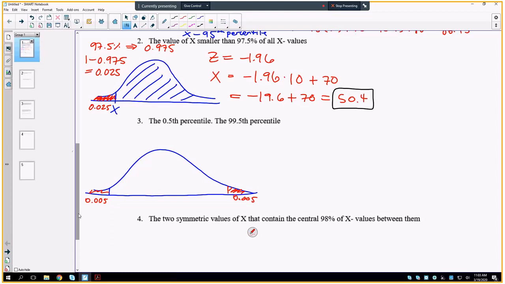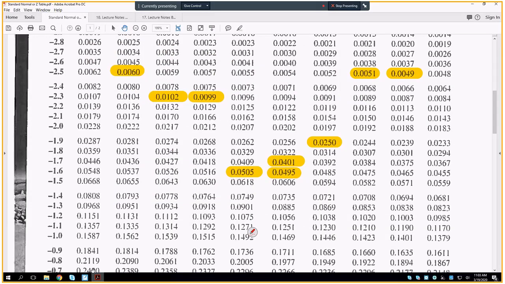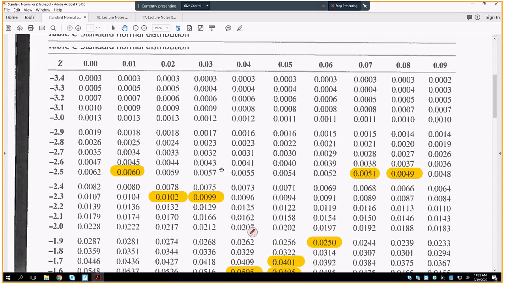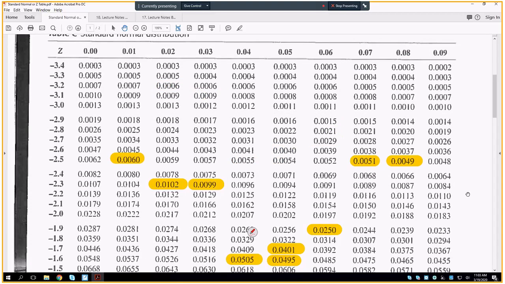Okay, so we're going to go to our table, and we're going to say, let's start with this one here on the left because we know we can read our table that way. We're looking for a z corresponding to 0.005. Again, I see that I'm sort of between two values, and I know that means I'm going to take the average of those two.